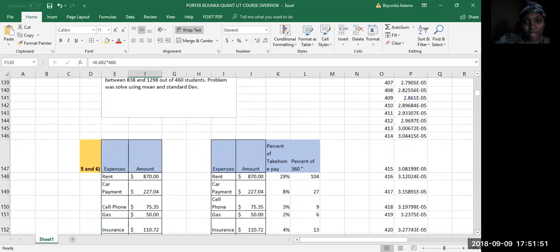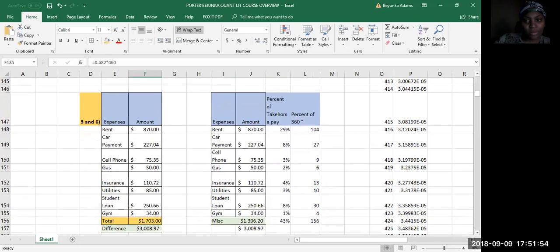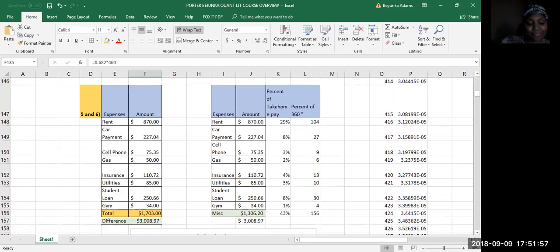So for number 5 and 6, we created a pie chart, and we had to type all his expenses in, and the total we found right here, and the difference we found right here. And we had to find the percentage of the take-home pay and the percent of 360 degrees. Then we had to find the miscellaneous, and that's this right here.